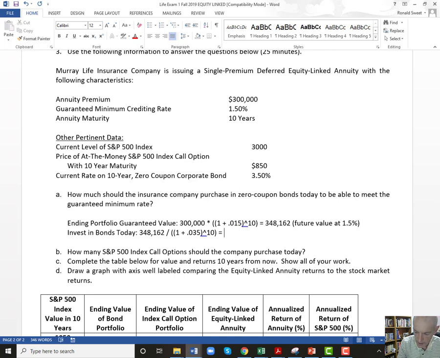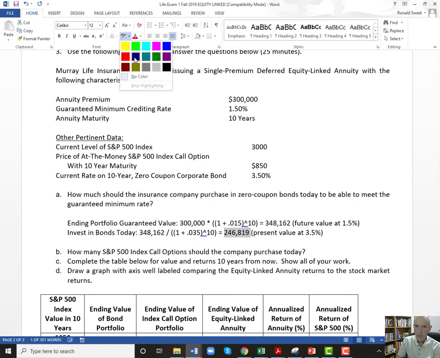And here we're going to get $246,819, and that is the present value at 3.5%. So hopefully you're an expert in present values and future values. Actuaries in finance, we use those a lot. So there's our answer. How much of this bond should we buy? We need to buy $246,819.